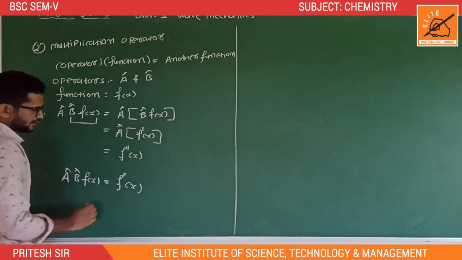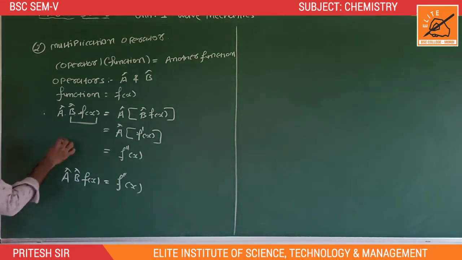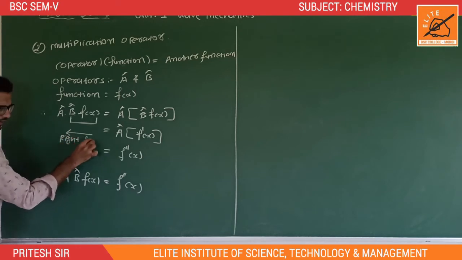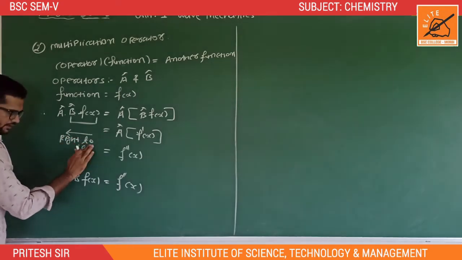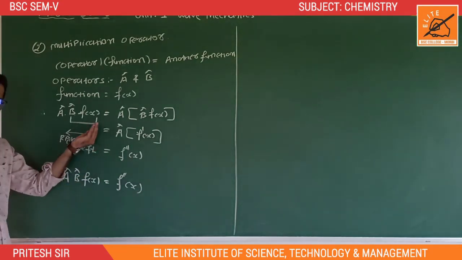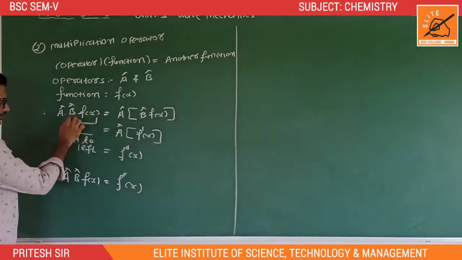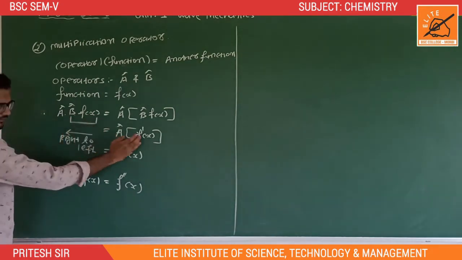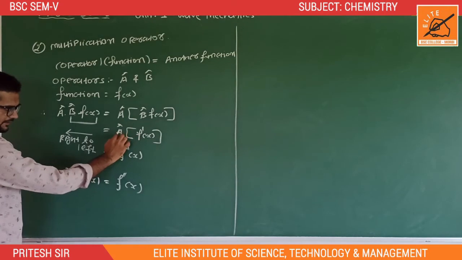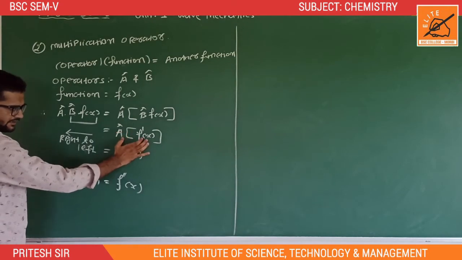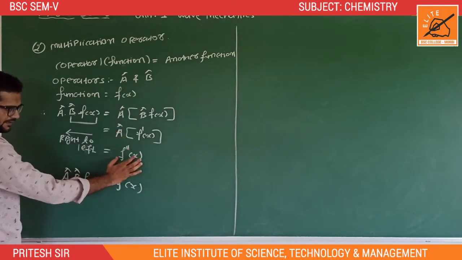So the sequence of operation should always be from right to left. It means first f(x) is operated by operator B cap and gives another function. Then operator A cap is operated on f dash x and gives the final result, that is f double dash x.